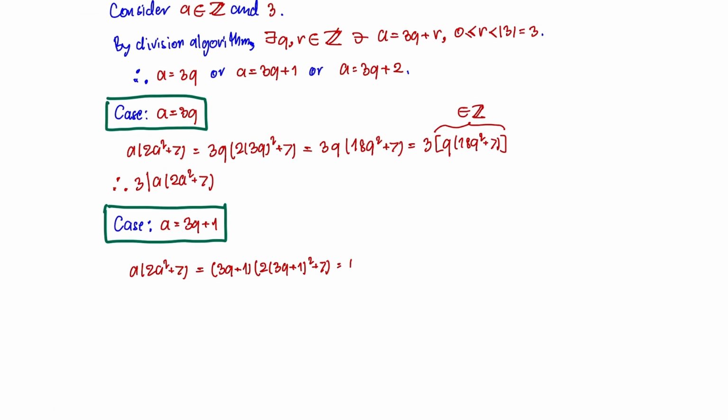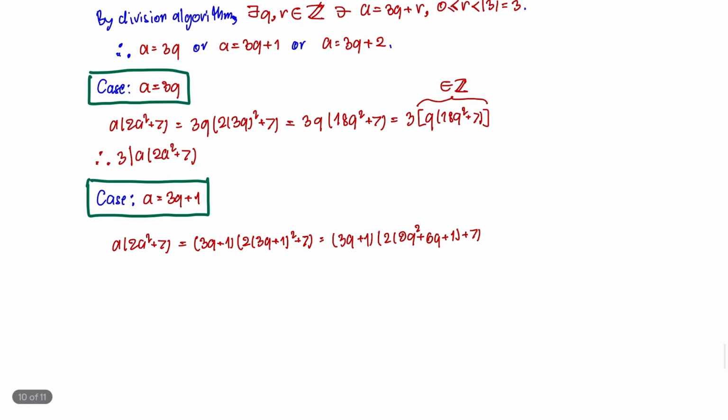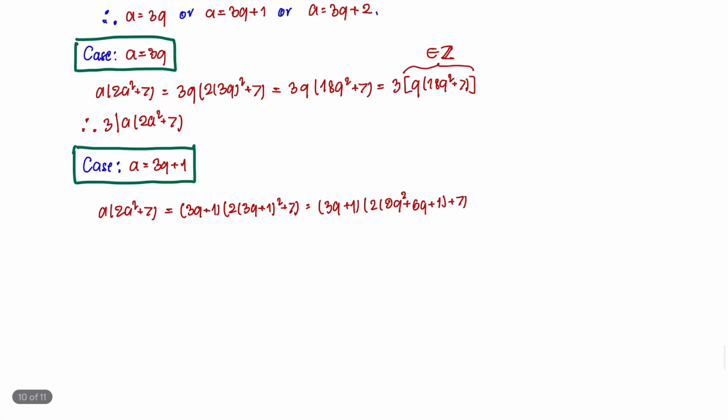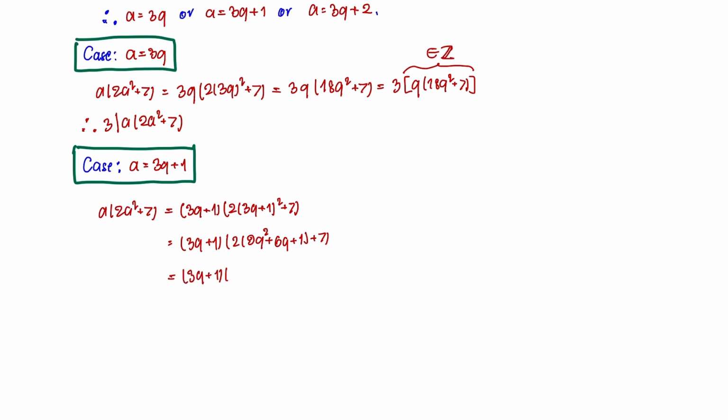Then we have (3q plus 1) times (2 times (9q squared plus 6q plus 1) plus 7). Okay, let me write it down here. So we have (3q plus 1) times (18q squared plus 12q plus 2 plus 7), distributing the 2.